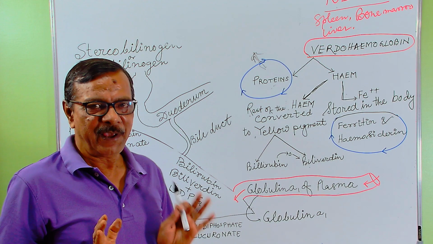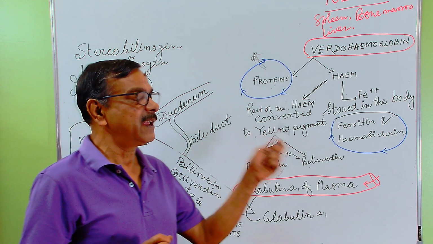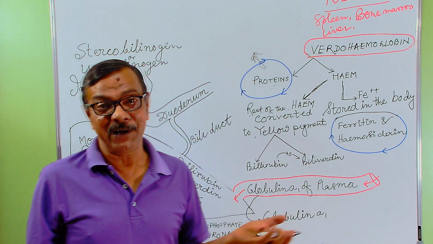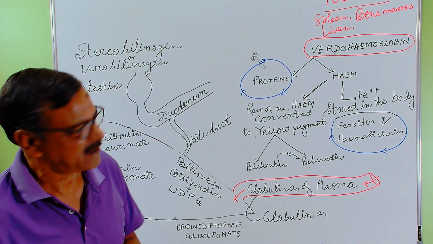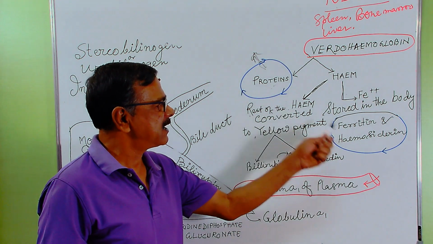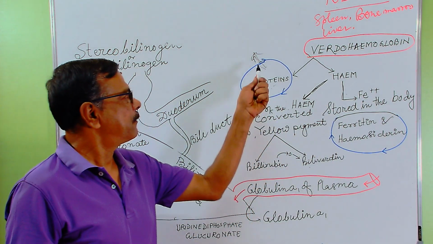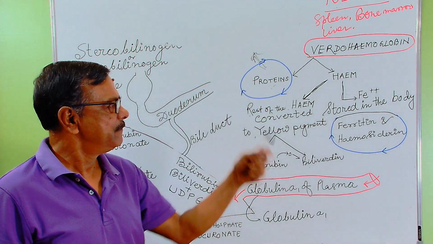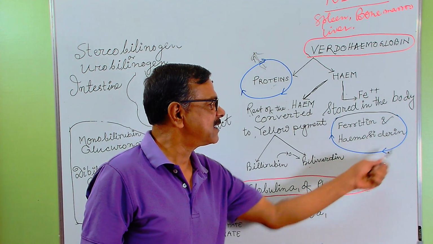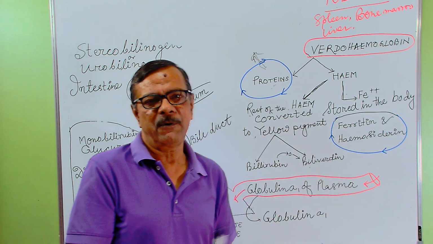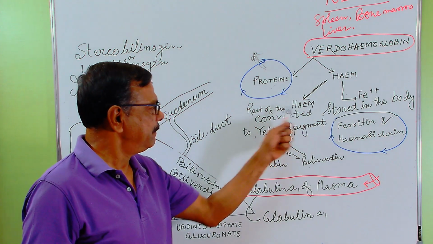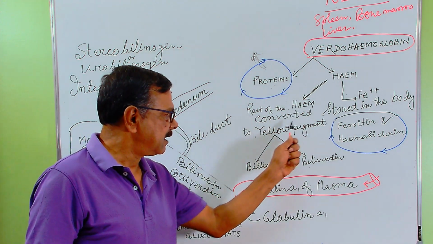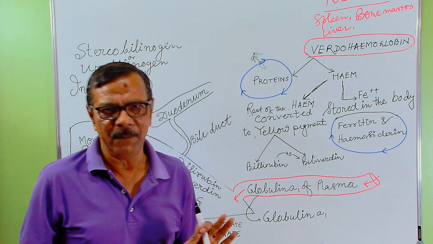So our body has the mechanism of recycling, which we don't have in our day-to-day use. We are throwing away plastics and others, and it is not being recycled. Here the body itself is recycling all these things. Proteins are recycled as amino acids, and ferritin and hemosiderin are required for further production of hemoglobin. And the rest of the heme is converted to yellow pigment.